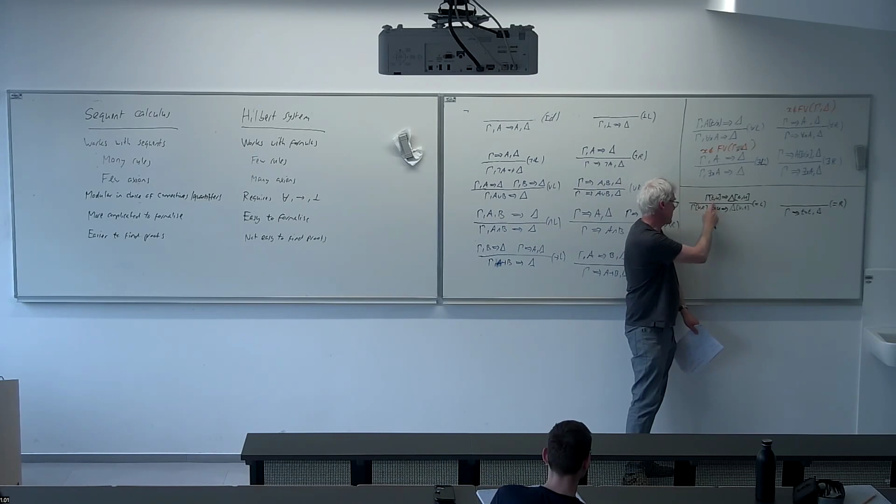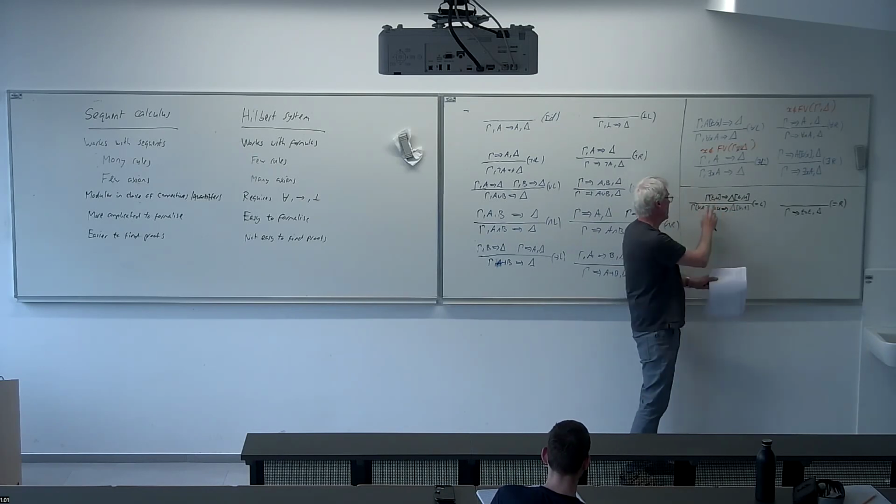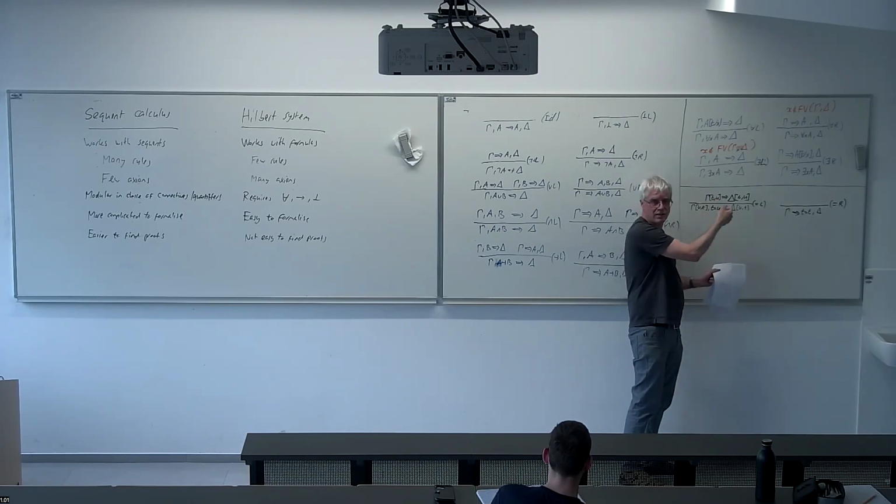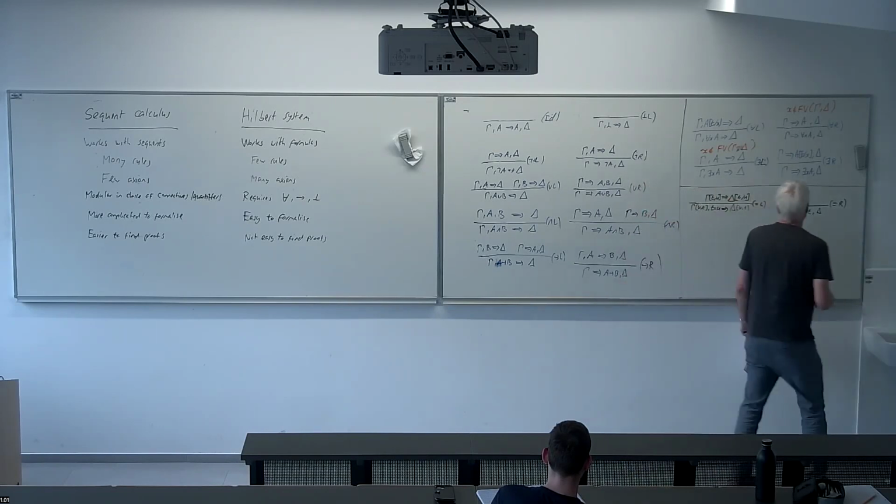Here we're substituting the term t for z and the term u for w on both sides. And here we substitute in the other direction. So we're not necessarily swapping all occurrences of t and u, going from here to here. We've identified some occurrences of t and some occurrences of u, and we're swapping those two. Okay.